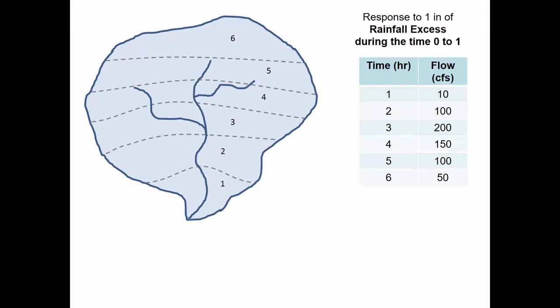I guess this isn't to scale very well. 10, 100, 200, 150, and it's tapering down back to 100. So the rain stopped at hour 1, but it's taking a long time for the rest of the basin to drain. Just think about when you pour water, it takes a long time for all the water to drain out. Even if the period that the water was being applied to the surface was relatively short, it just takes a long time for the water to move through the watershed.